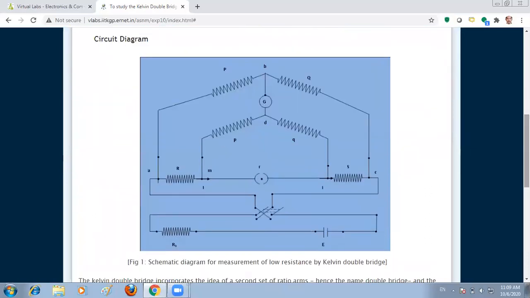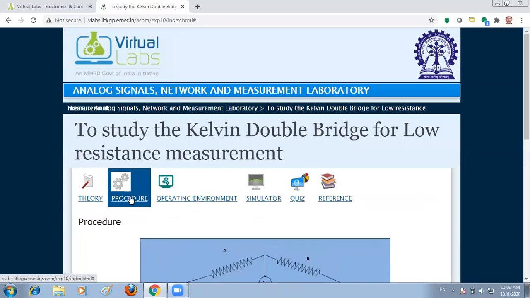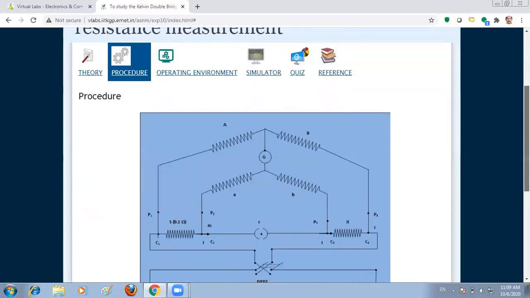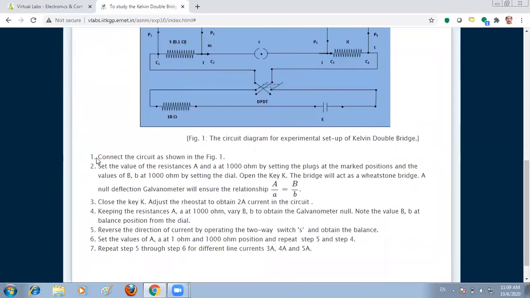The circuit diagram is also shown here for measurement of low resistance by using Kelvin double bridge. In the next step, the procedure is given for how to perform this experiment. First we have to connect the circuit, then set the values of resistances, then operate the key K, then again vary the resistances.